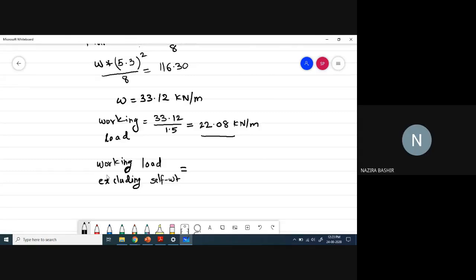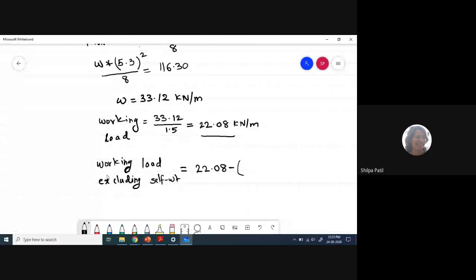Yes, ma'am. Okay. So working load excluding self-weight will be 22.8 minus, I have to subtract now the self-weight. How to calculate self-weight for the given beam? We have the overall dimensions of the beam. The width is 300 mm.